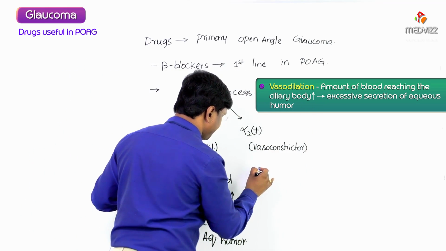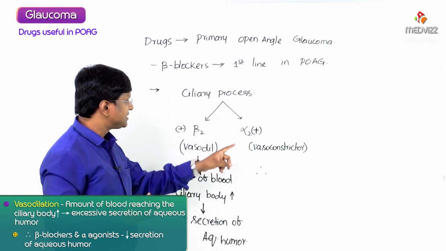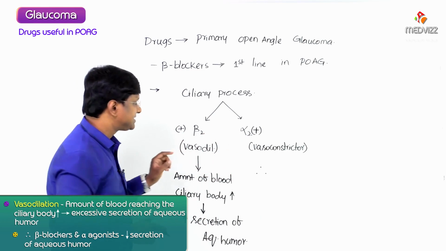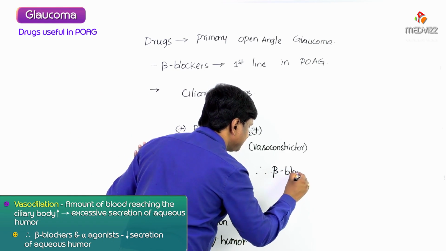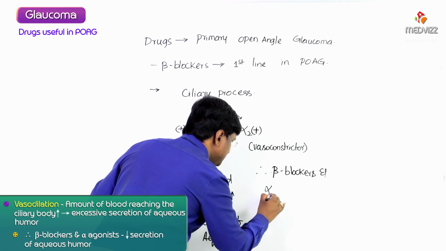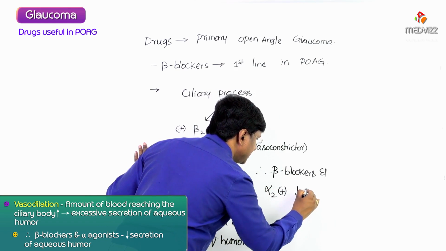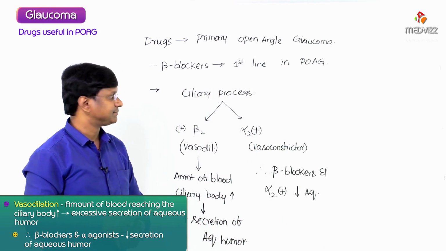Therefore, remember, the beta blockers as well as the alpha agonists will decrease the secretion of the aqueous humor.